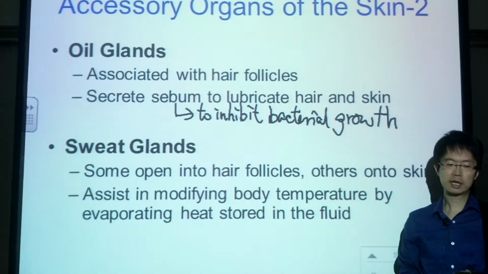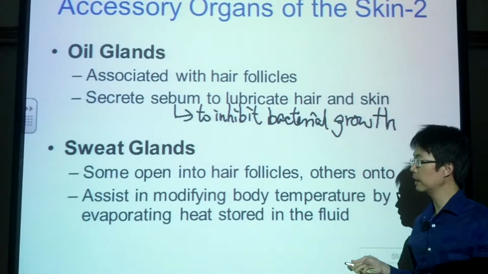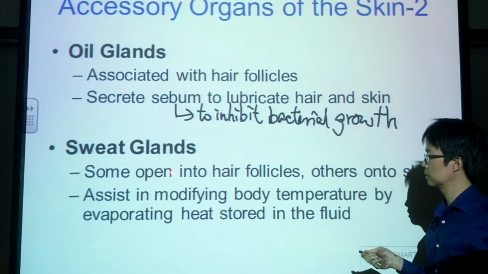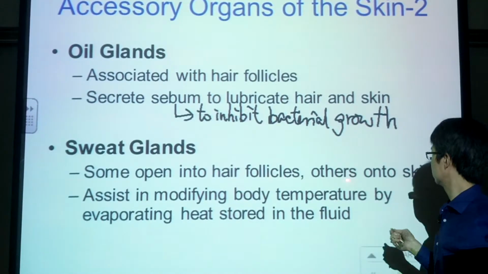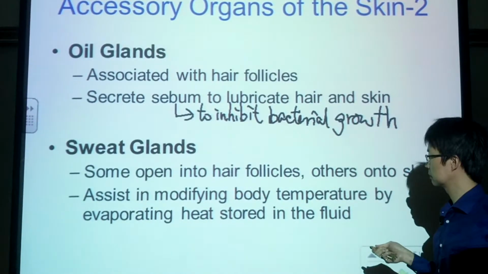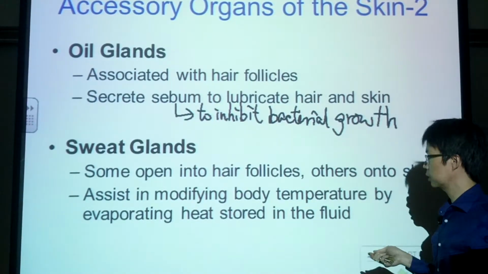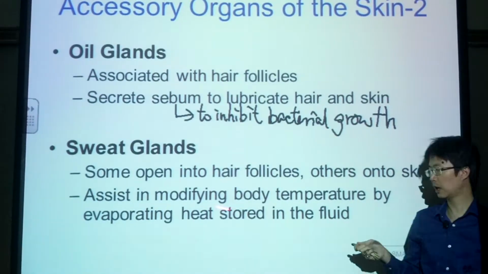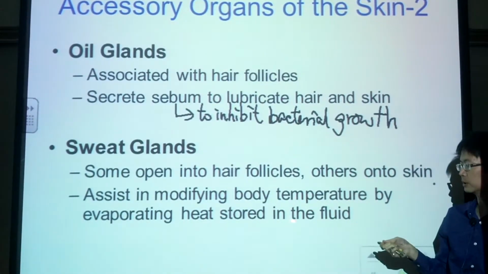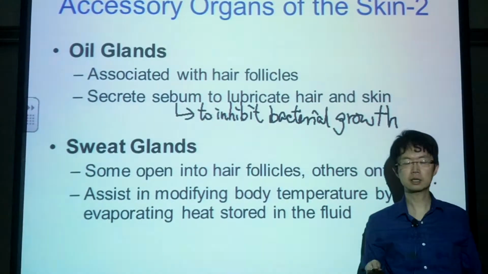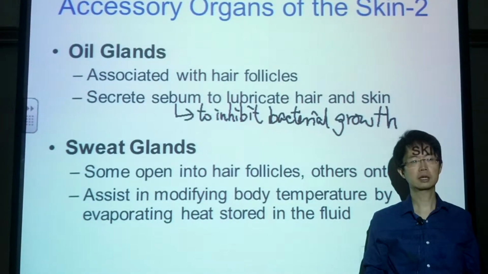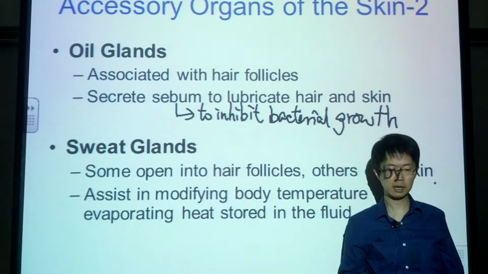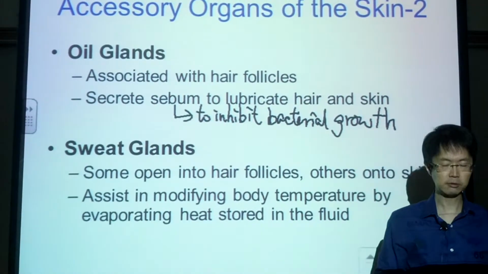And you have sweat glands. Okay, sweat glands. So as you know, the sweat is the one that helps you to lower the body temperature. It is mainly water, and it contains ions like sodium ion, the salt can go with it.